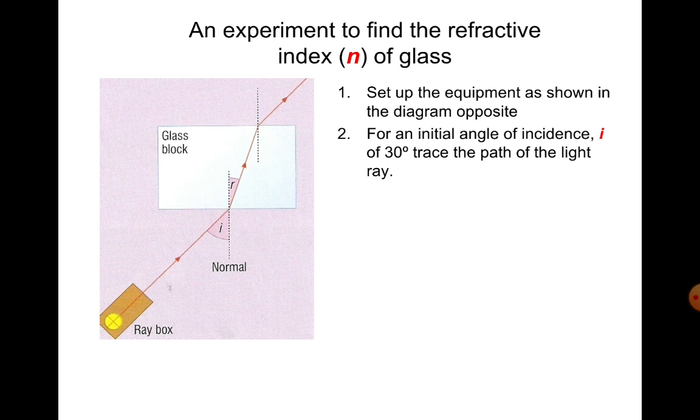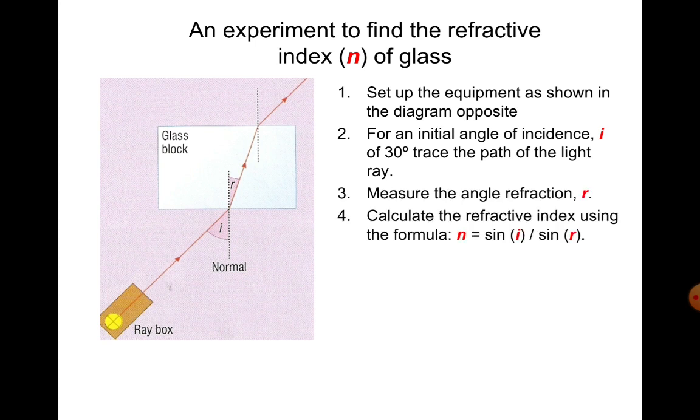You could start, for example, with 30 degrees, you trace the path of the light ray, and you can measure with a protractor what i and r are. And from that, you can calculate the refractive index: sine i over sine r.